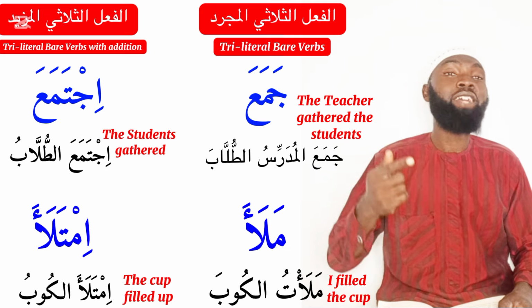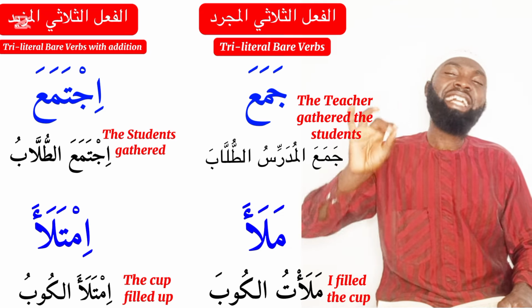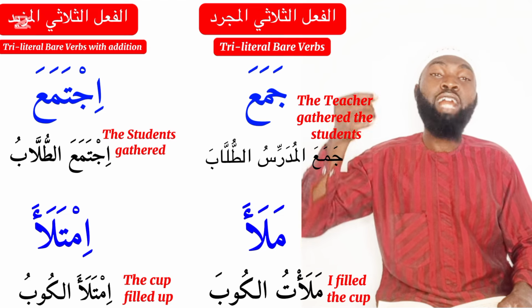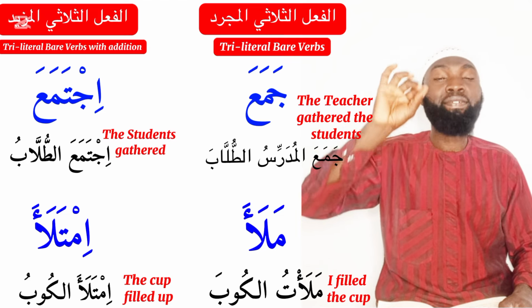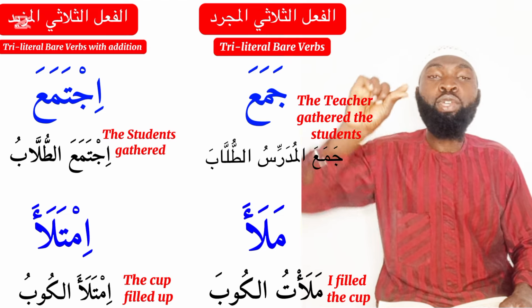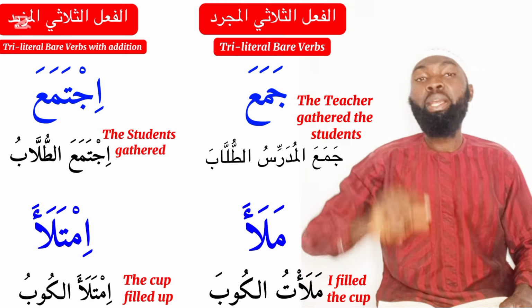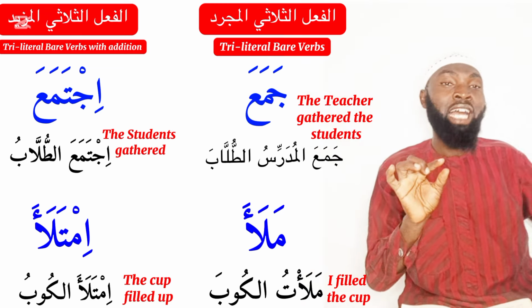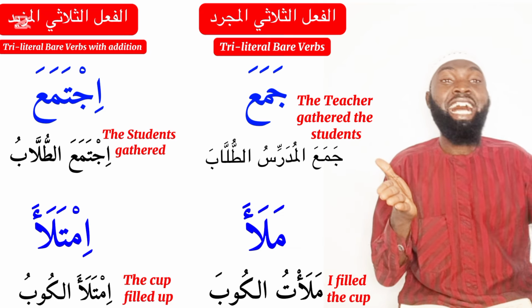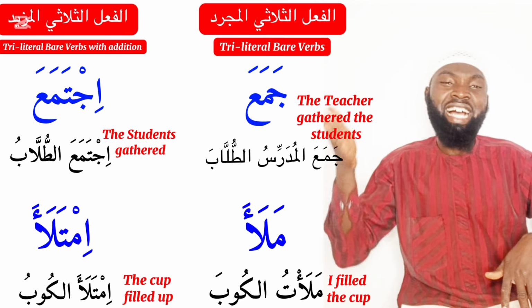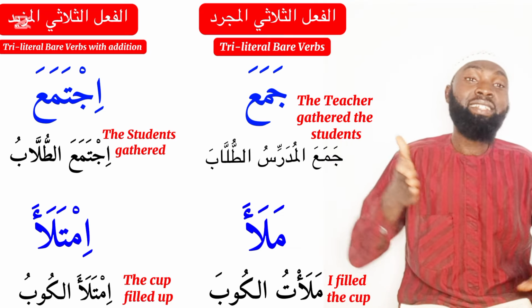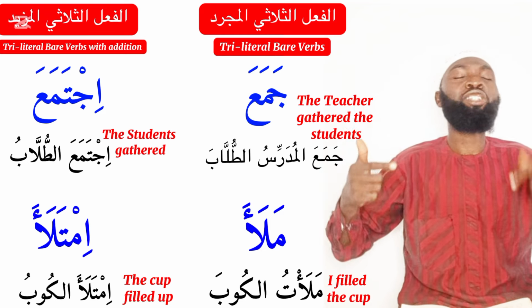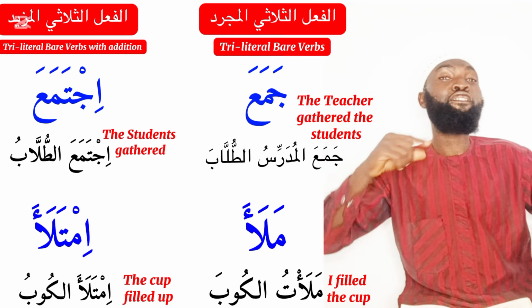But when I say imtala'a al kubu, which means the cup is filled, it is also in obedience to my action, because the cup does not get filled by itself. Somebody would perform the action, so I can say mala'tul kuba famtala'a. I filled the cup and it got filled, which means that it obeyed my action of filling it.